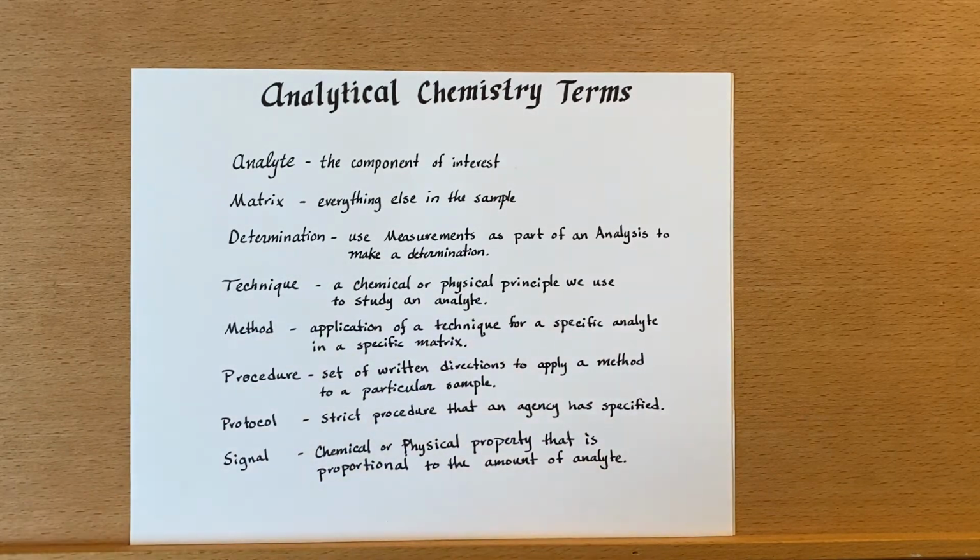Techniques can include things like titrations, like I said for the chemical one, or a gravimetric analysis, or it could be something more complicated like atomic absorption, which uses the atomization of the sample, which is more of a chemical technique, but then passes that sample through a flame to very finely break it apart, shines light through it, and measures the absorption of that light.